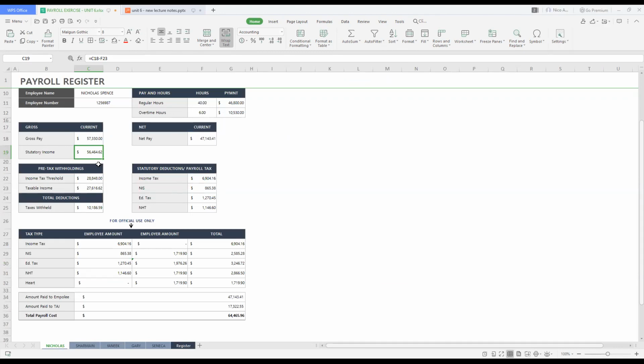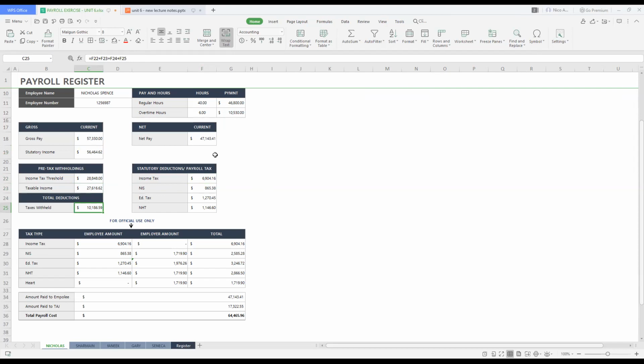So we're finding now 25% of that taxable income of $27,616.62. So that should give us $6,904.16.